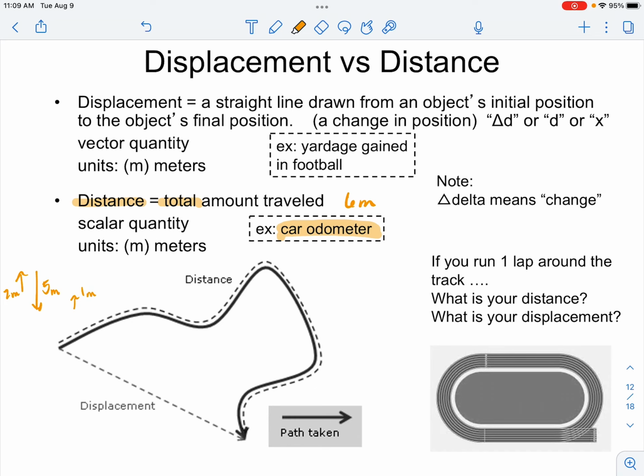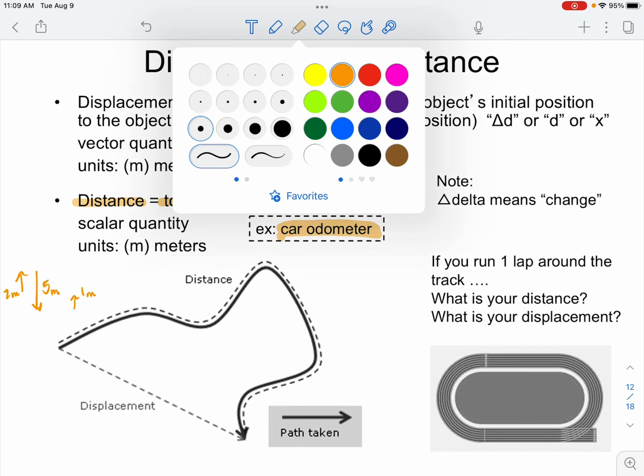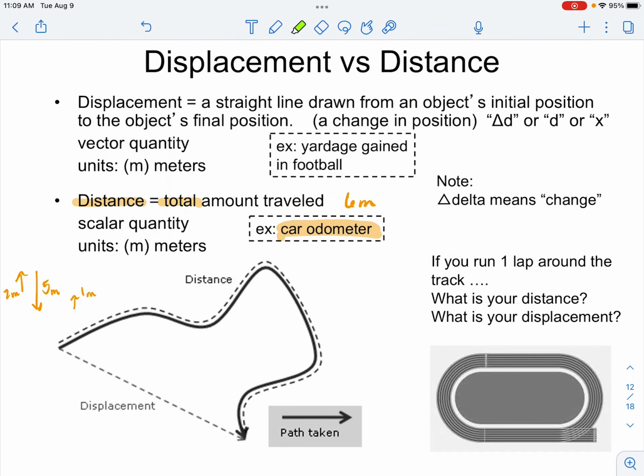Direction is not important. If we're talking about our displacement, it is going to be represented by a how far, but it's a very specific one, from your very first position to your very last position. So displacement, it says, is a straight line drawn from the initial position to the final position.